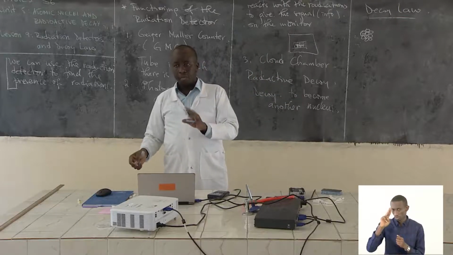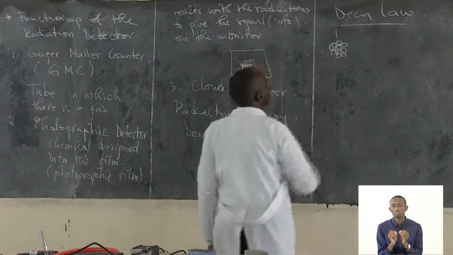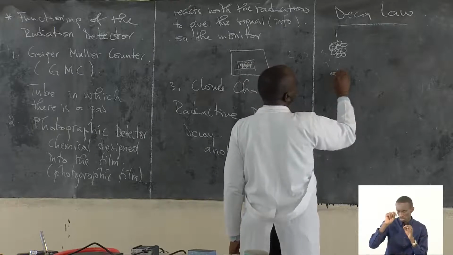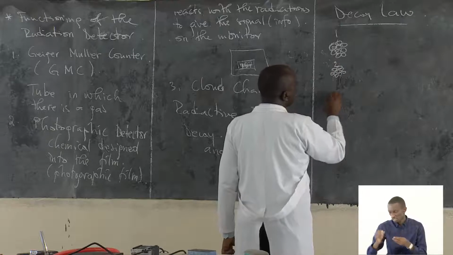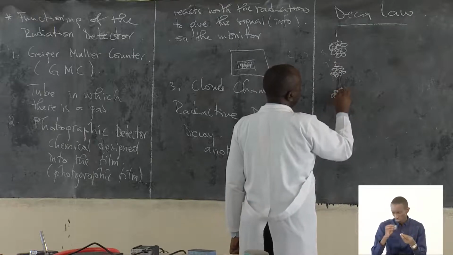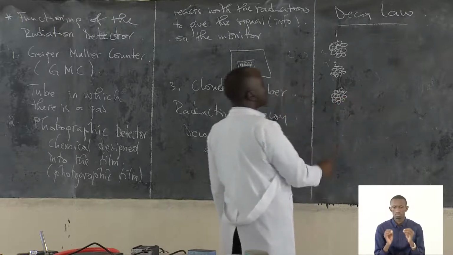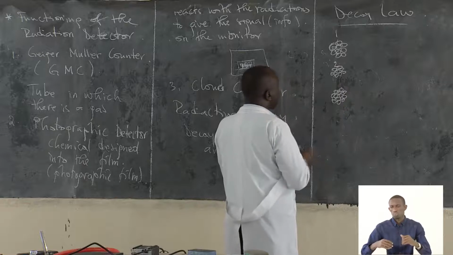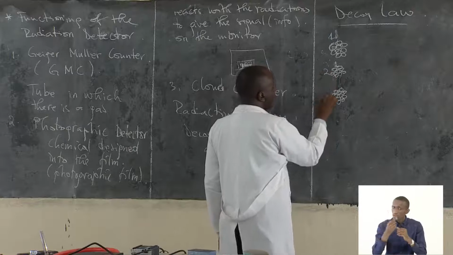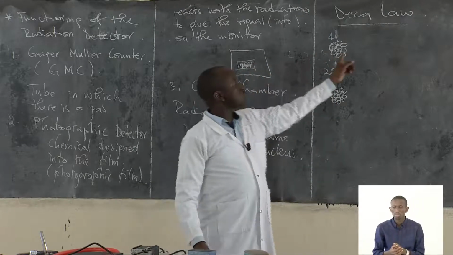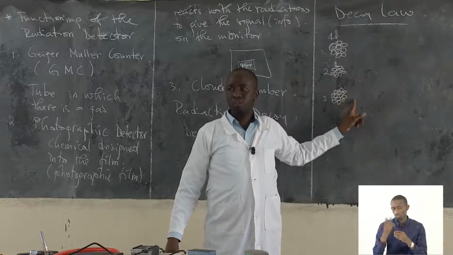There are many, but it is not easy. Let's say there is nuclide number one, nuclide number two, and nuclide number three. You may have nuclide one decaying, or you may have this one, or this one.